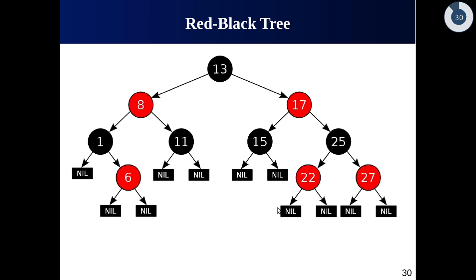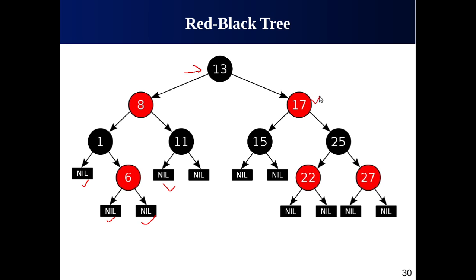Let us see an example of a red black tree. You see, the root node is black here, the root property. All the leaf nodes represented by nil are black, which is known as the external property. Each node is either red or black. You see, we have black nodes and we have red nodes. The color property is satisfied.